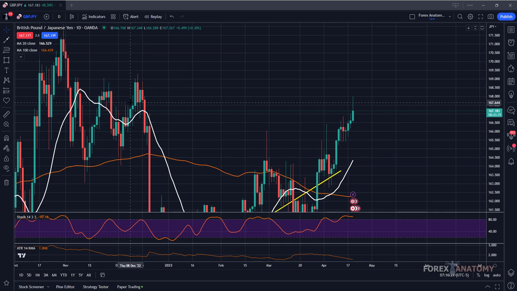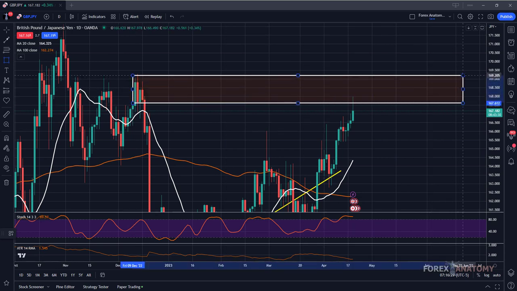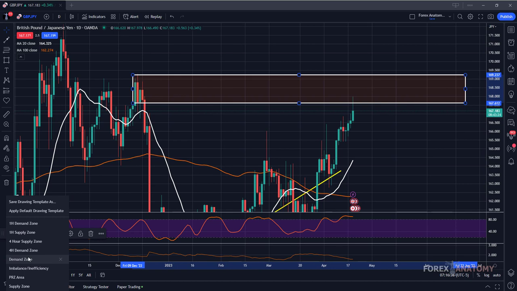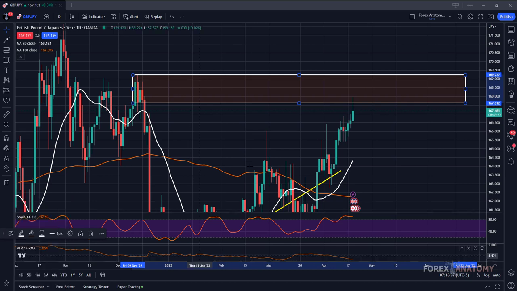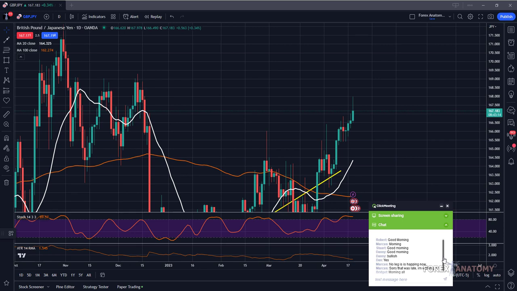If we decide to go long, we may not want to hold for extended targets, so that's something we have to bear in mind. I'll just call this supply zone right here. For some reason it disappeared, but you get the point. We can see sellers coming in right around that area.